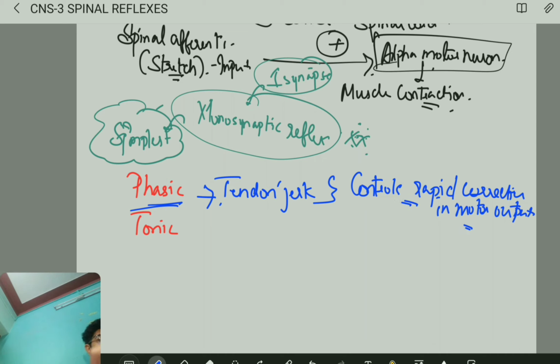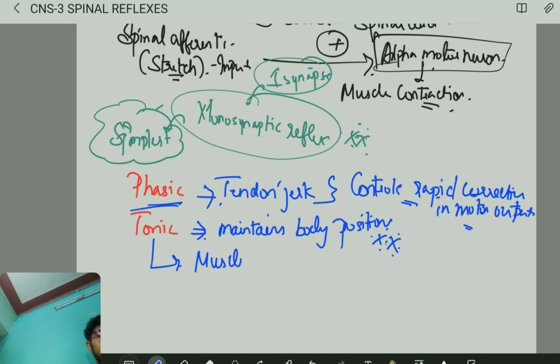Next is tonic. Tonic mainly maintains body position. Very important. That's it. Because the tonic stretch reflex contributes to muscle tone.